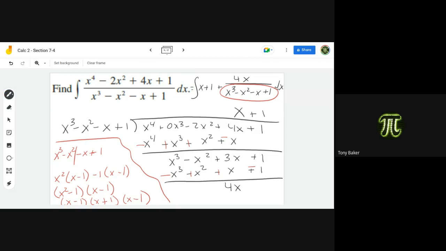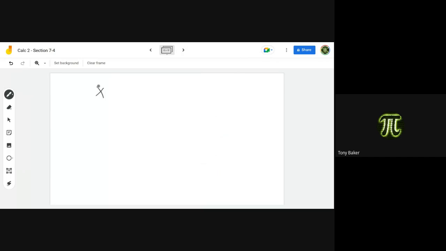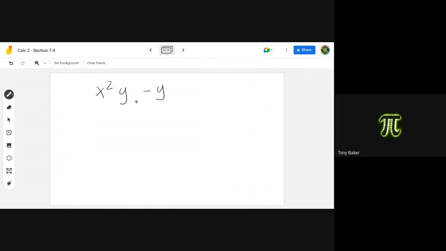How did you get that third line in the bottom left-hand corner? I see how you split it, but I don't understand that line. Yeah, I factored out the x minus 1 out of x squared times (x minus 1) minus 1 times (x minus 1). Let's say I had x squared y minus y.